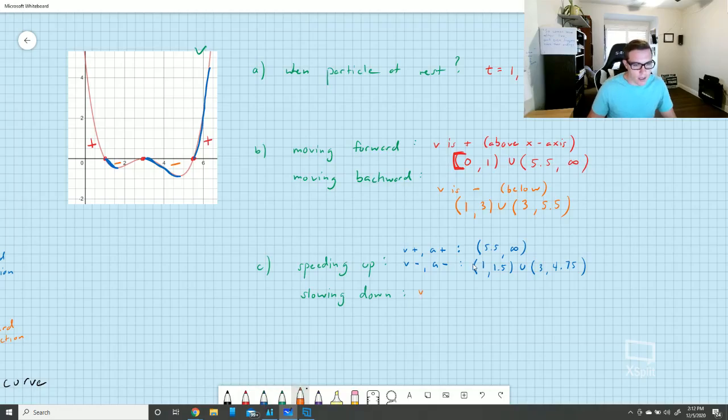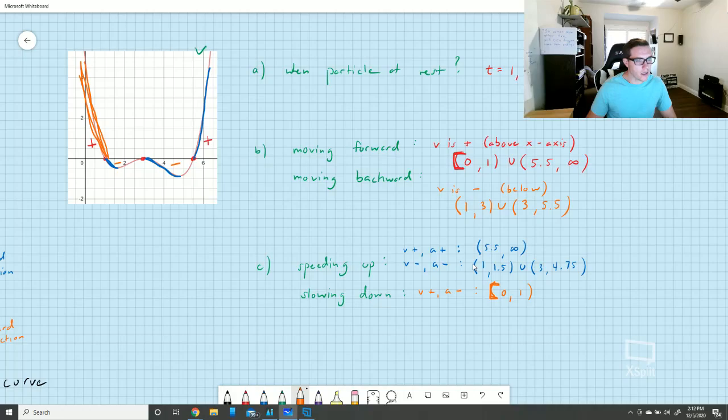All right, slowing down. When velocity is positive and acceleration is negative, where does that happen? Velocity is positive, acceleration negative here. This piece right here. That's 0 to 1.